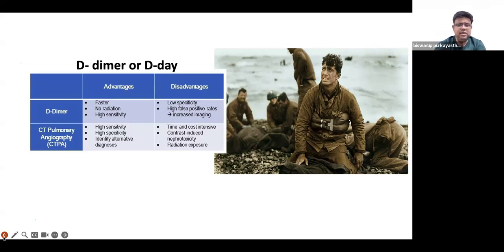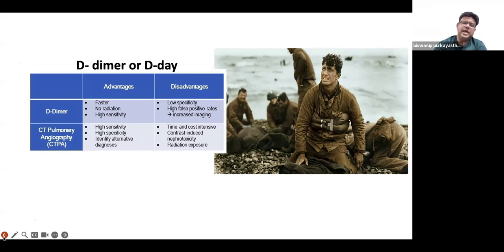A D-dimer for a subacute DVT can just be normal, despite the high sensitivity, and you will miss the deep vein thrombosis. So I have stopped diagnosing DVTs with D-dimer. Now, if you want to diagnose a DVT, you get a CT pulmonary angiogram with a protocol that extends onto the legs, with delayed leg imaging.